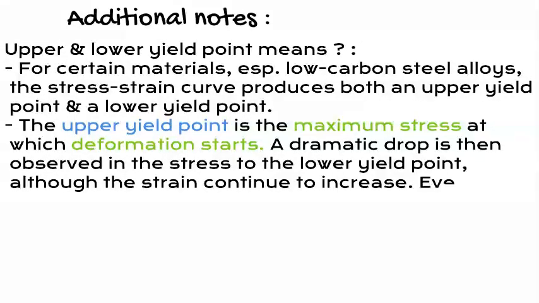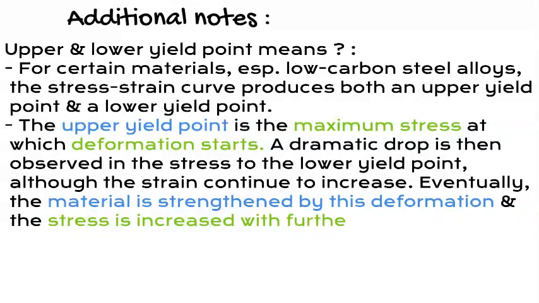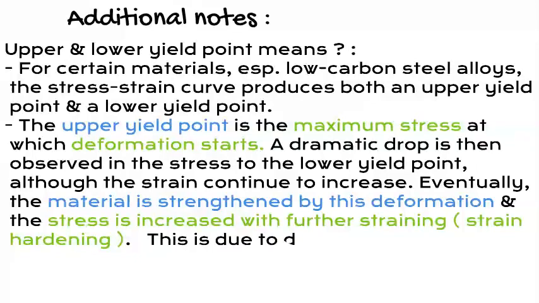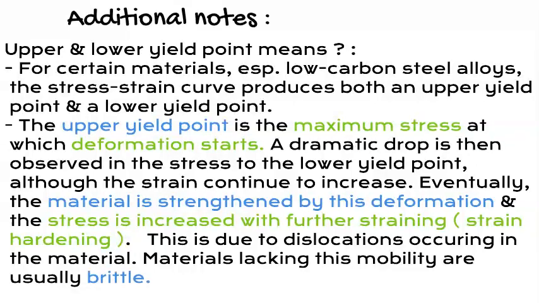Eventually, the strain continues to increase. Eventually, the material is strengthened by this deformation and the stress is increased with further straining. This means strain hardening. This is due to dislocations occurring in the material. Materials lacking this mobility are usually brittle.